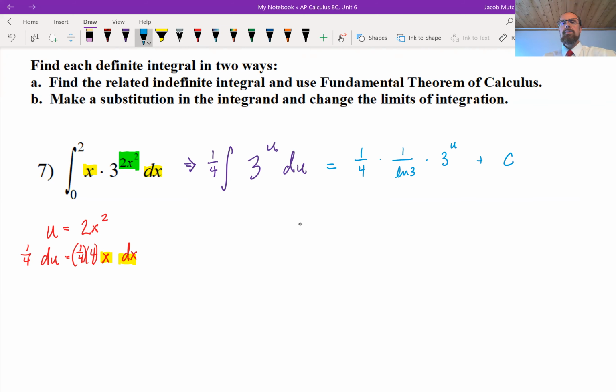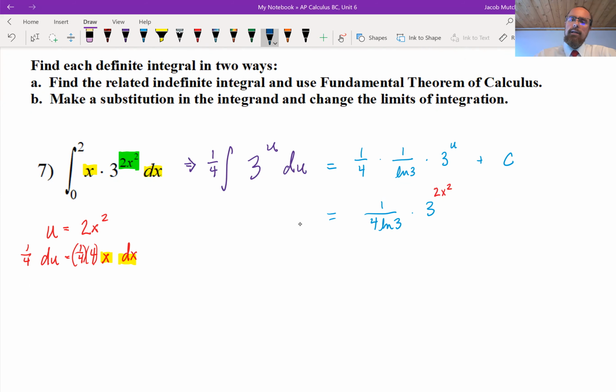Again, I'm putting the plus c because currently we're treating it like an indefinite integral. I want to substitute back in then my 2x squared for u. So this is now going to be, if I bundle these two fractions, 1 over 4 times natural log of 3 times 3 to the power of substituting back in 2x squared.